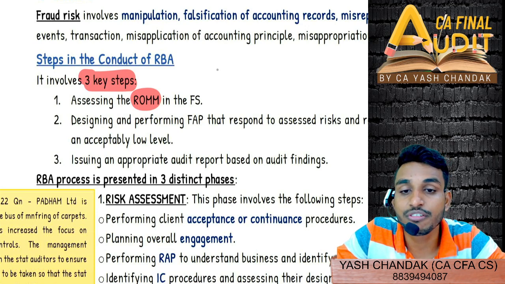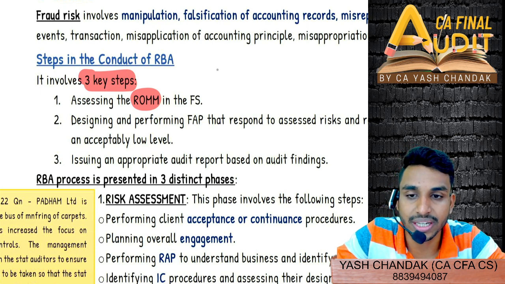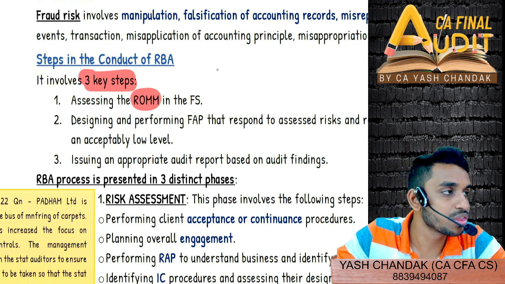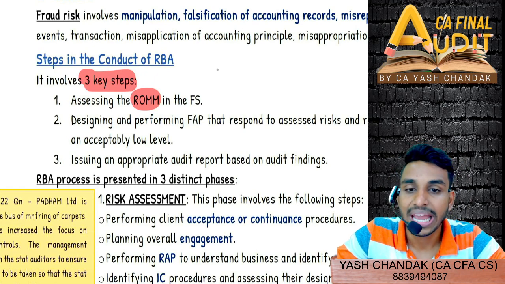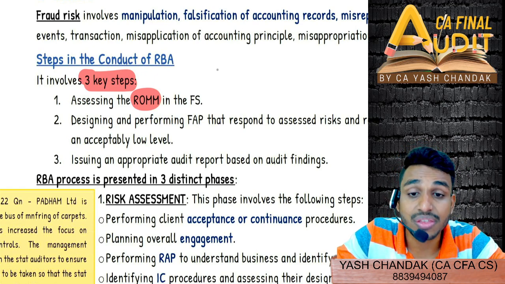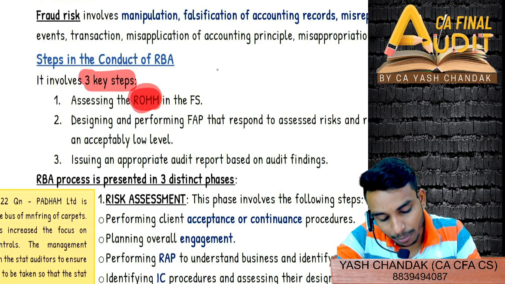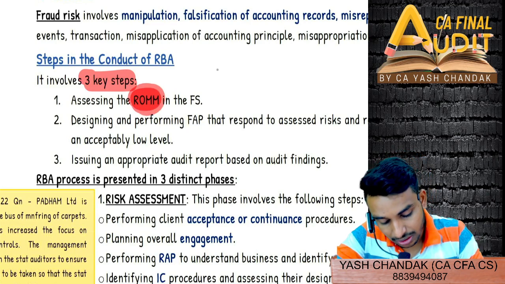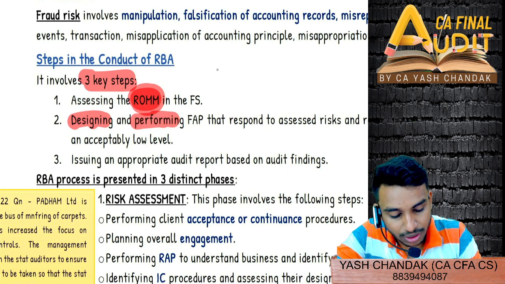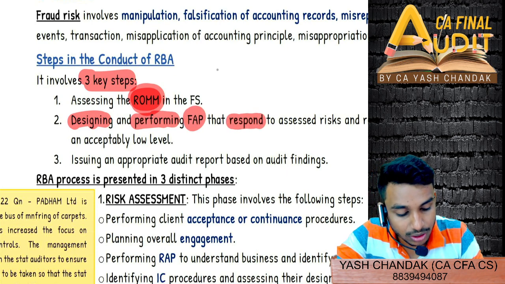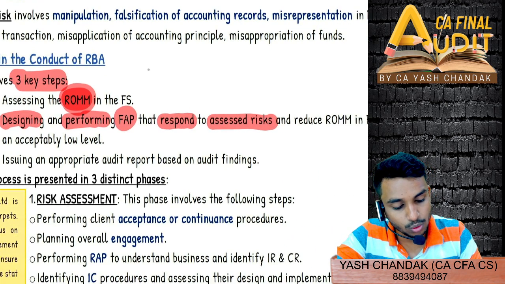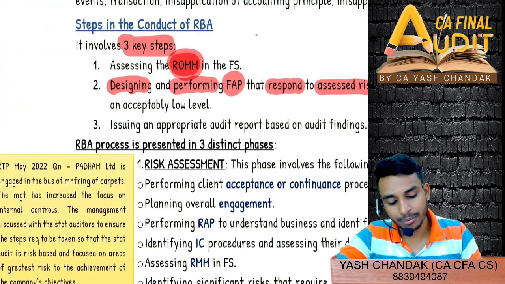You will be assessing the risk of material misstatement, something which you did already above, right? Steps in risk identification. You followed those steps to identify the risk, and then ultimately came out with the assessed ROMM. Then, based on the significant ROMM, you have to design and perform further audit procedures that respond to assessed risk and reduce ROMM in the FS.